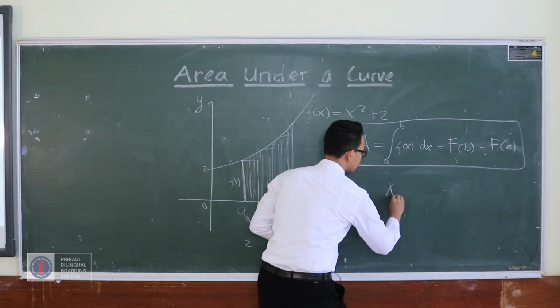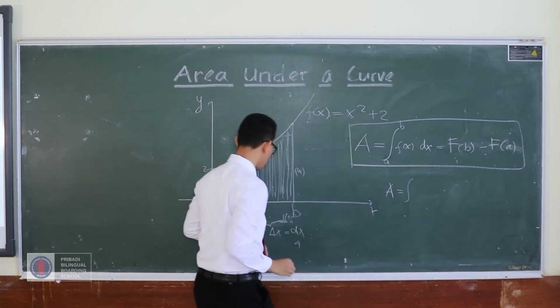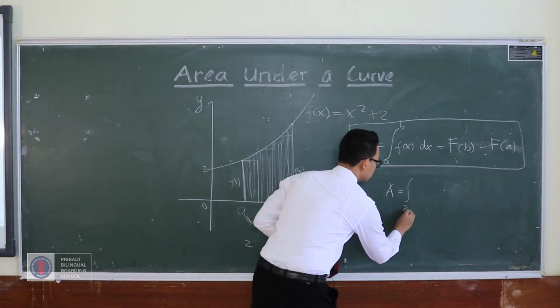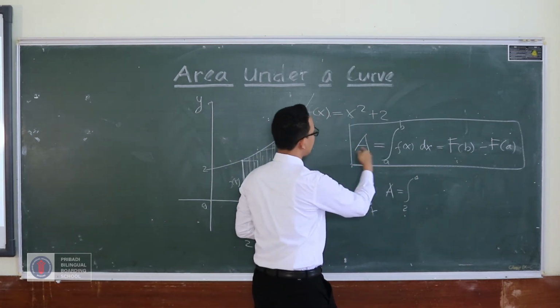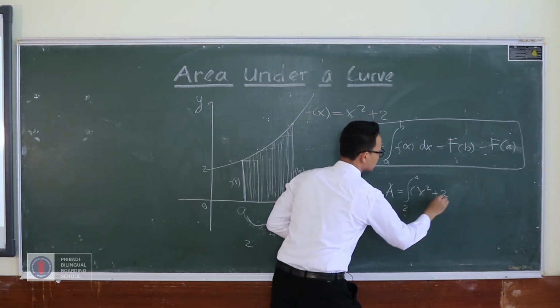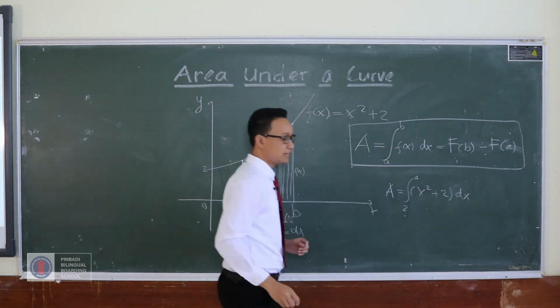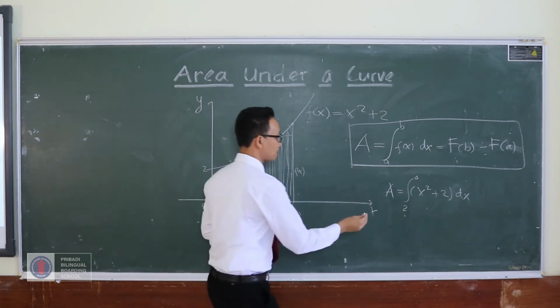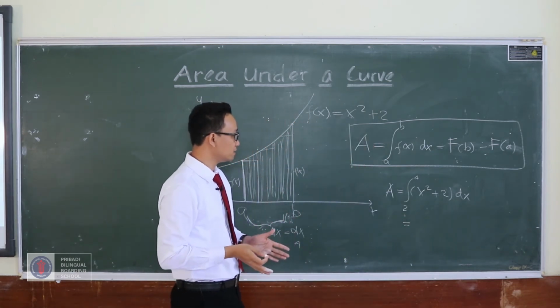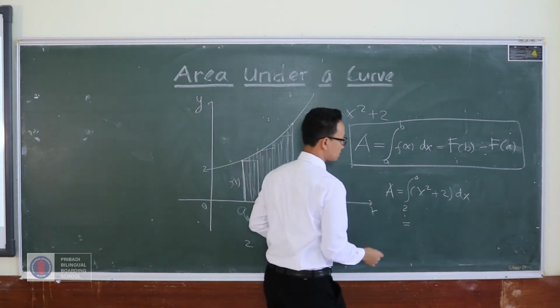So let's find this area from a to b, which is 2 and 4. So f(x) we write as x squared plus 2 dx. All right? So we can integrate this directly.